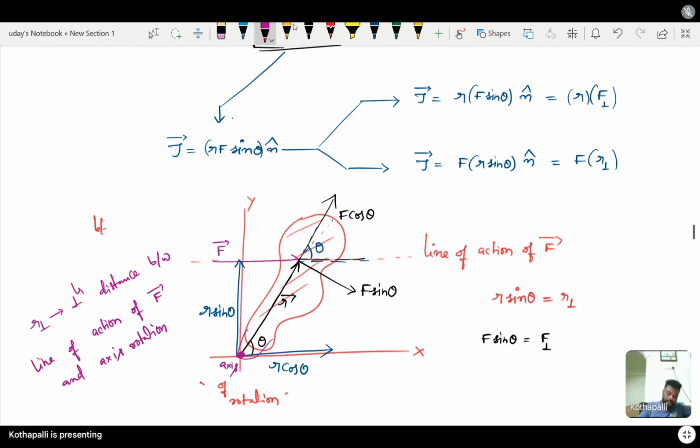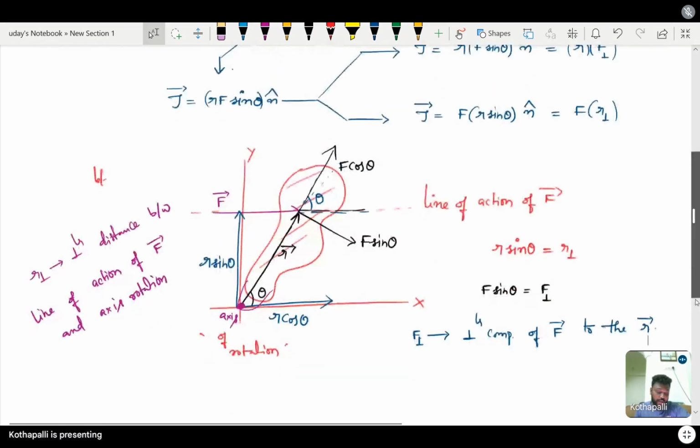Got it? Similarly, F perpendicular I can conclude as the perpendicular component of force to the position vector, which is R vector. Got it?